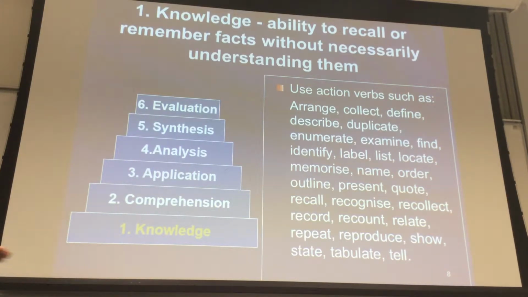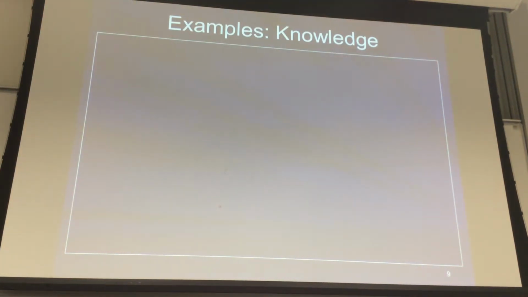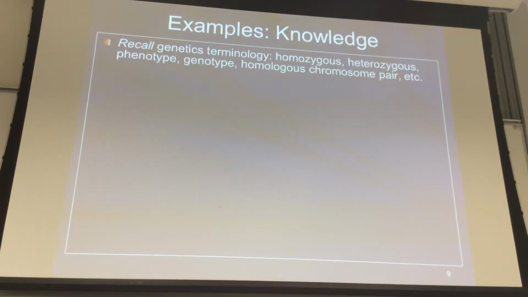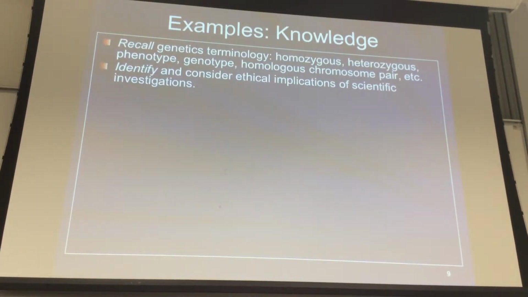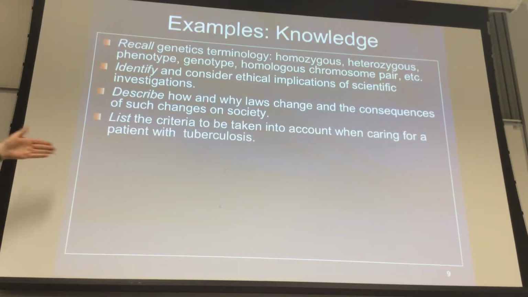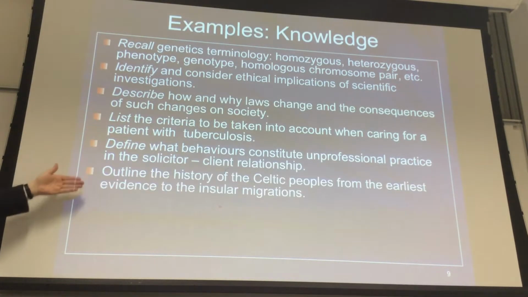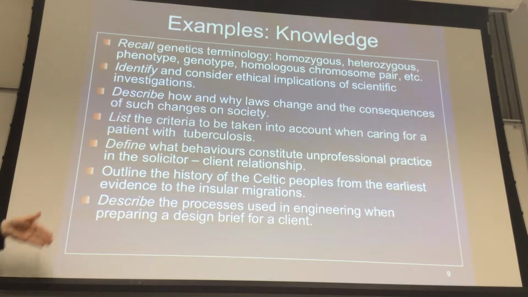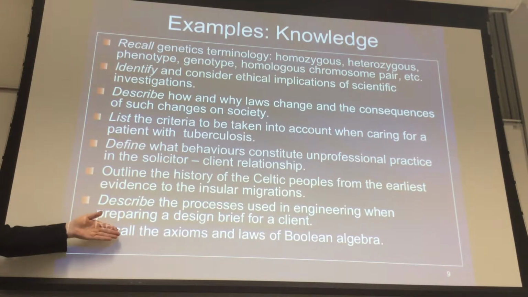And he said, if we write learning outcomes in the knowledge area, examples of them would be recall or identify or describe or list or define or outline or describe again or recall.